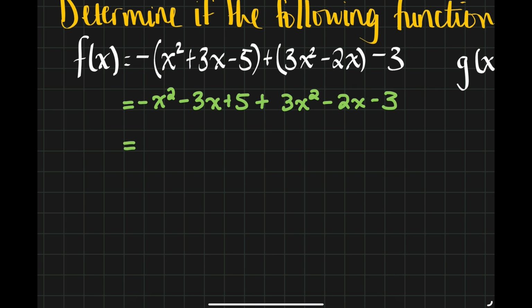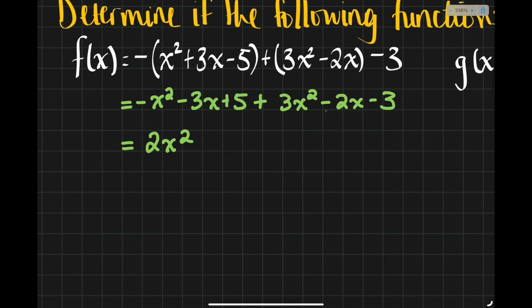Now we're going to go ahead and collect like terms. So we have negative x squared plus 3x squared, which gives us 2x squared. Negative 3x and negative 2x makes negative 5x. And lastly, 5 minus 3 is positive 2. So this is our simplified expression for f of x.